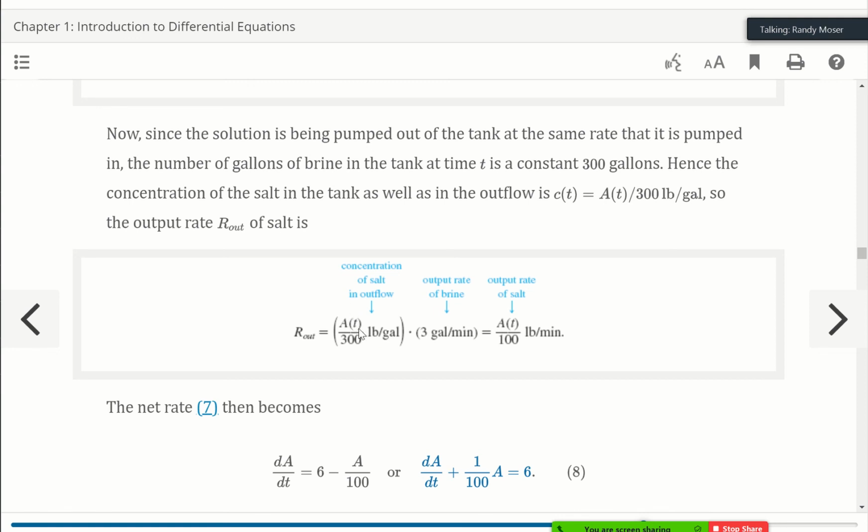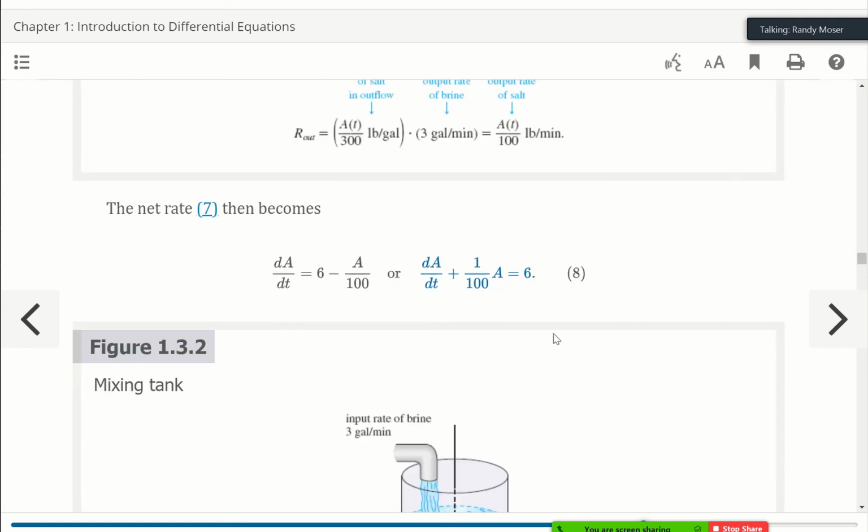Right, because we have this many pounds, this many gallons. We know it's being pumped out at the same rate it was coming in, that's 3 gallons per minute. So again, if you multiply this, it'll be 3 A of t over 300, which gives us A of t over 100 pounds per minute as the rate out of the tank.